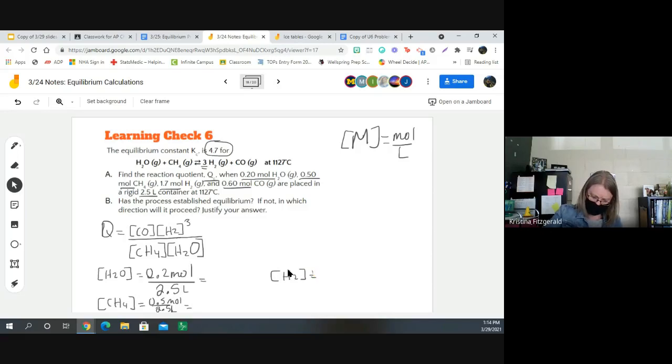I will check my numbers. I'm not a great reader, so 1.7 divided by 2.5. And CO, 0.6 divided by 2.5. So if you guys get any of these at home on your calculator, put the numbers in the chat. Tell us what you get. I think I got them all in the right spot. Josie better check though.